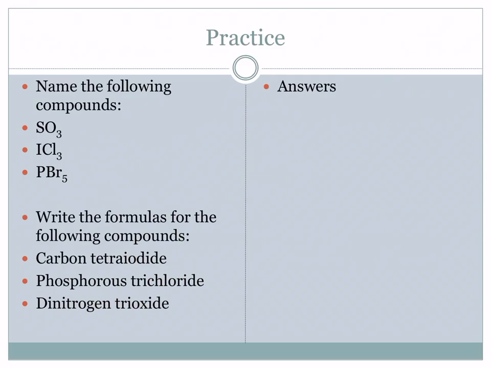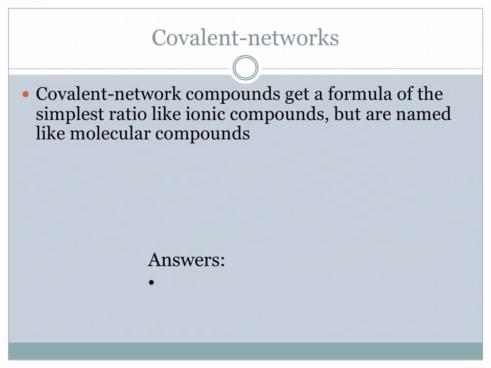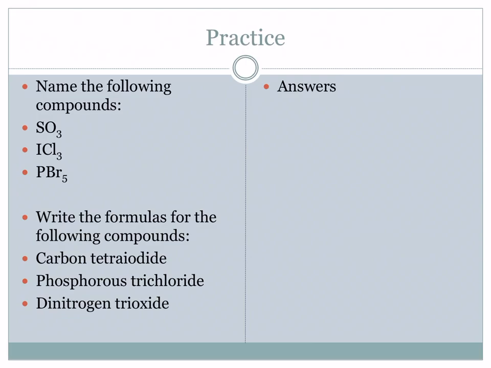All right, so let's have you give this a try, going first from the formula to the name, and then from the name to the formula. Let's do that together. SO3: S is sulfur, and there's just one of them, so we just say sulfur. Then we have 3 oxygens, so it'd be trioxide. All right, ICl3.